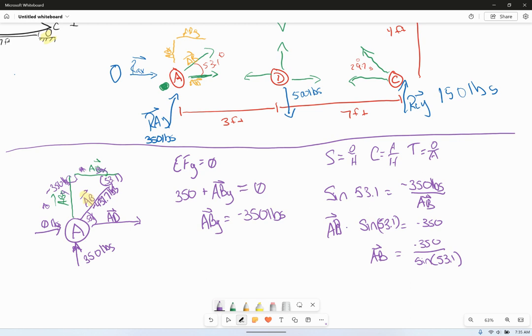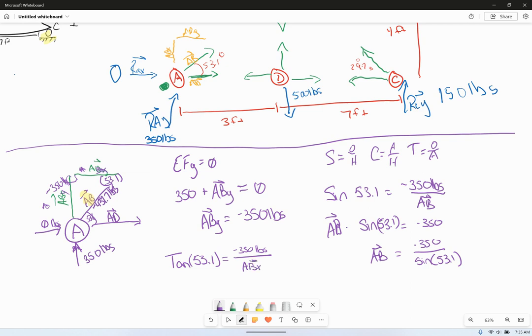I have the opposite. So for that one I'm going to use tangent. Tangent of 53.1 degrees is equal to my opposite over my adjacent. So my opposite is negative 350 pounds over my adjacent, which is that vector ABX.